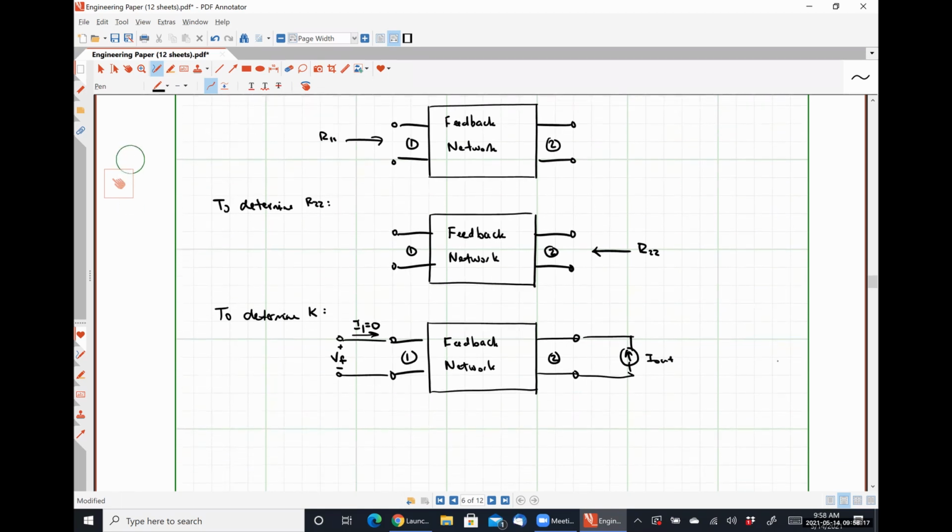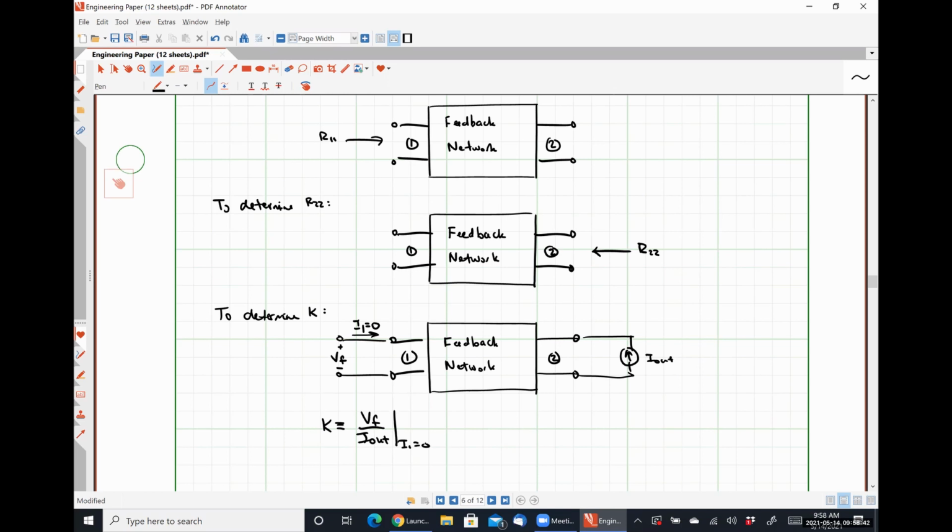And so from this, we see that our feedback factor will be VF divided by I out, where, again, the current flowing into port 1 is equal to 0. So that's our means by which we determine our feedback factor.